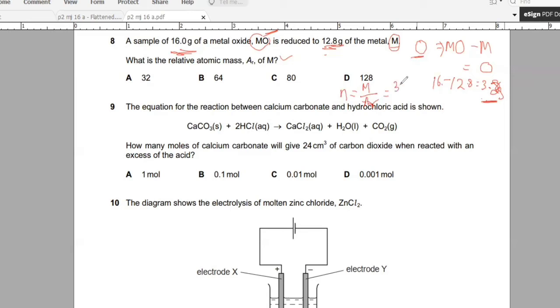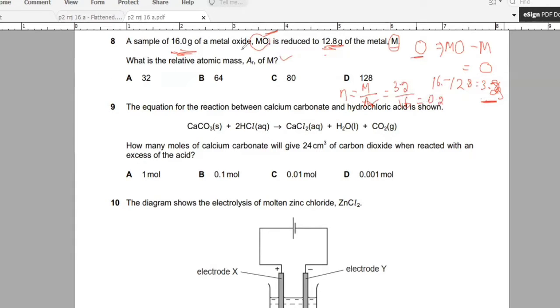The mass we just got is 3.2, divided by the Ar of oxygen, which is 16. After dividing 3.2 by 16, you'll get about 0.2. This is the number of moles of oxygen.